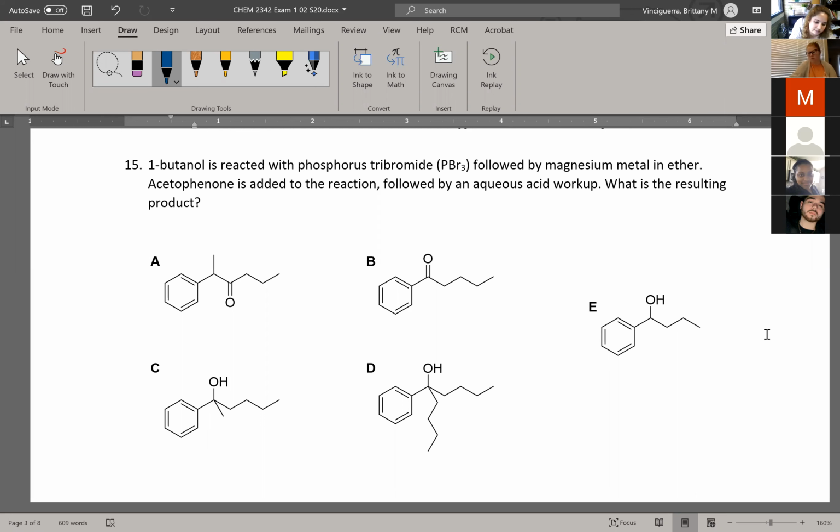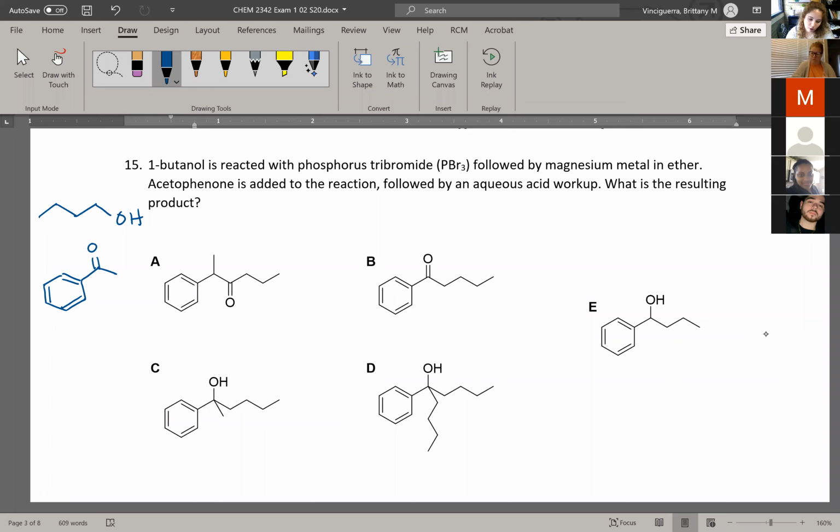The first one is 1-butanol, and you need to draw the correct structure. And then acetophenone is another one that you were asked to memorize. So those are the two structures that you need.